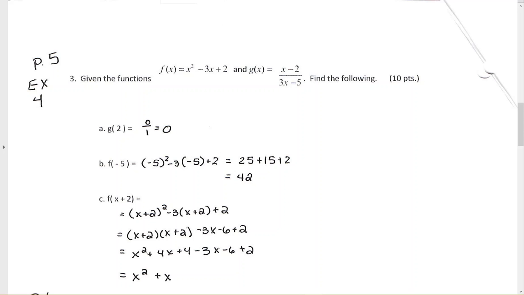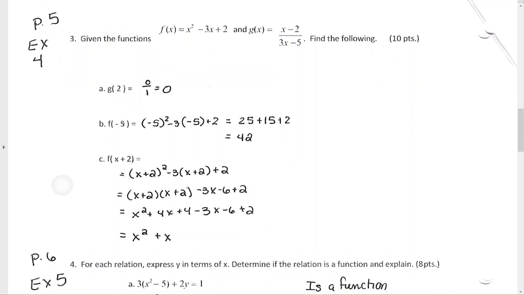My best advice on this is either print out the page, write your work out completely on that page, and then take a picture using that CamScan app that I have posted on Moodle, or just write it on a plain piece of paper, work out your work, and then take a picture of it and upload it to Moodle. But I need to see your work to give you partial credit.